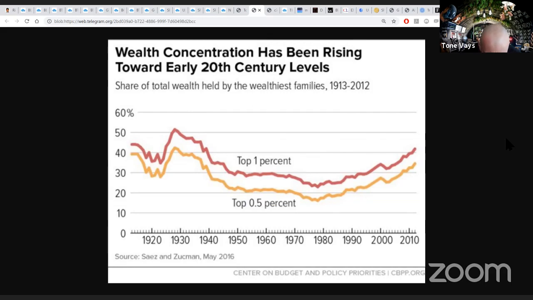But here is the top 1% and the top 0.5%. And yes, we do see the top 1% not making as much money going into the decoupling from gold, and then in the 80s, it turned around. Now, lots of factors go in here.